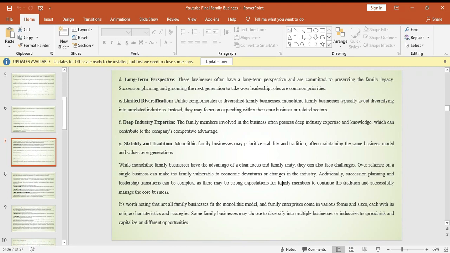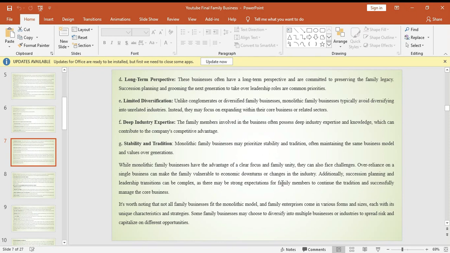D. Long-term perspective. These businesses often have a long-term perspective and are committed to preserving the family legacy. Succession planning and grooming the next generation to take over leadership roles are common practices in this type of business.